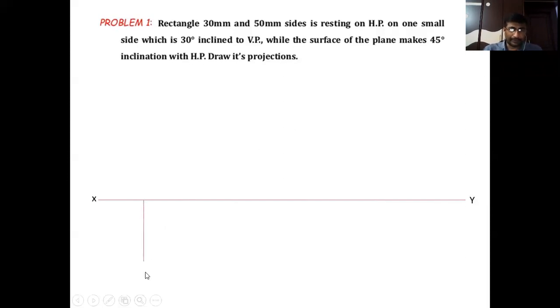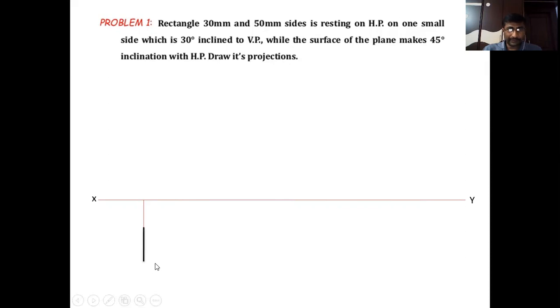First of all, draw the perpendicular line towards below the XY line, because we have to draw the top view first. Top view is always below the XY line. Draw the perpendicular line to the XY line, and the smaller side of the rectangle, 30 mm, should be on that perpendicular line. So the dark line represents 30 mm.